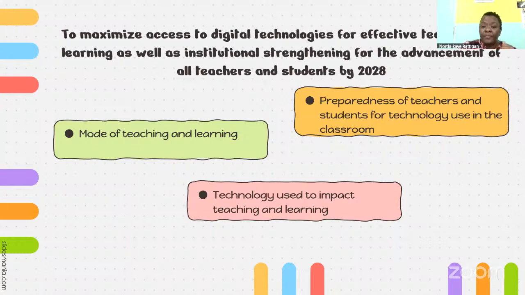Now, number 4, we're moving into the digital age and digital technologies for effective teaching and learning, as well as institutional strengthening for the advancement of all teachers and students by 2028. So, how do you prepare the teachers and students for technology in the classroom?